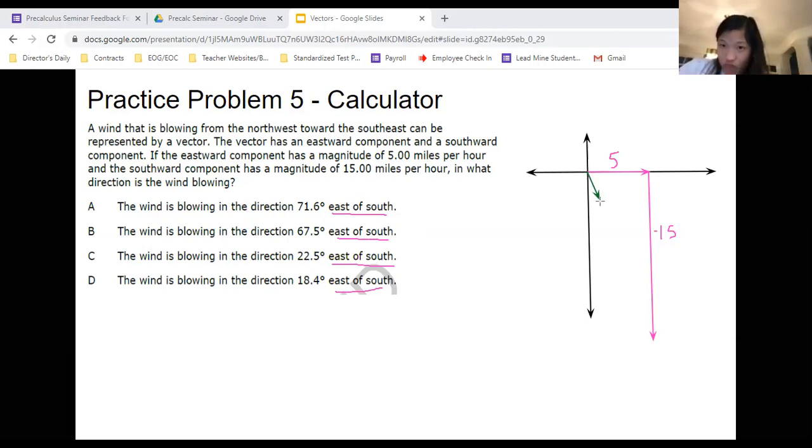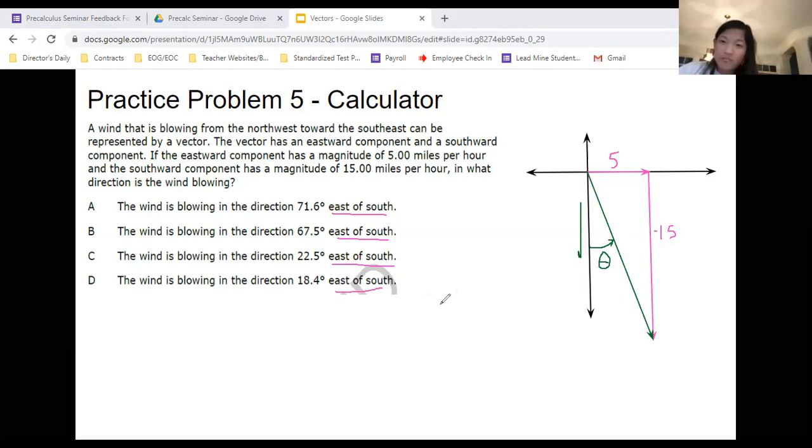It goes from the origin to this final point, and I need to find this angle. A little test-taking strategy here: I'm going to look at my answers to figure out what angle I need to find. Everything is saying east of south, so I go south first and then east. So I need to find this angle here.